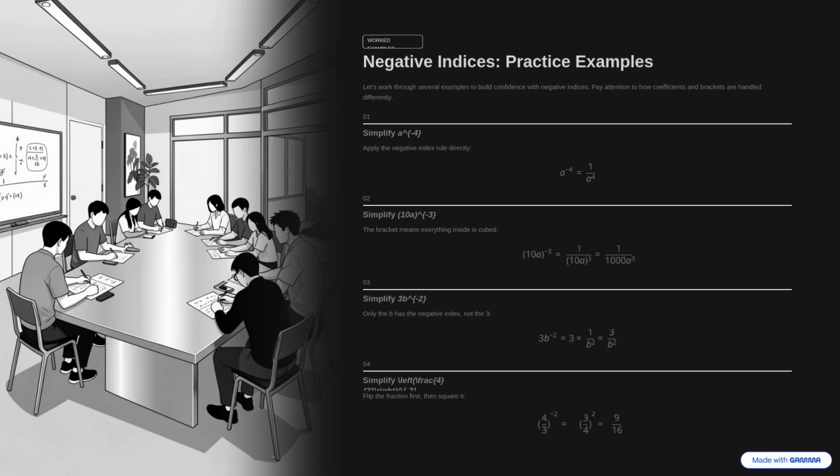Now example number 4, something like 4 over 3 to the power of minus 2. Flip them upside down, 3 over 4 to the power of 2. And that power of 2 belongs to both numerator and denominator because they are both in a bracket. And then we just simply solve them. Okay, I hope this has made sense.